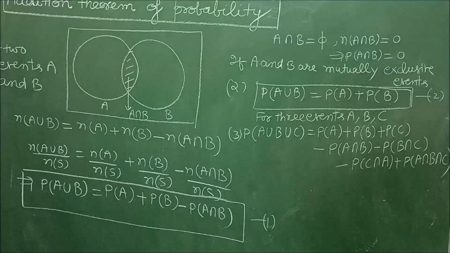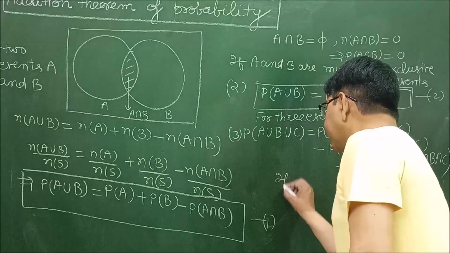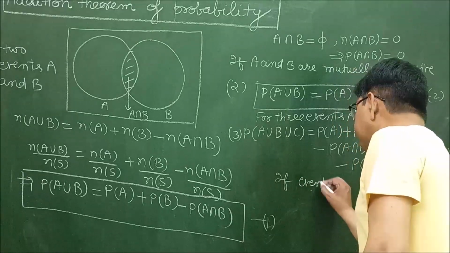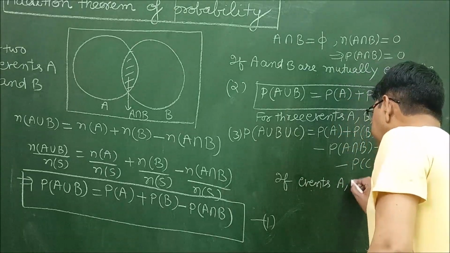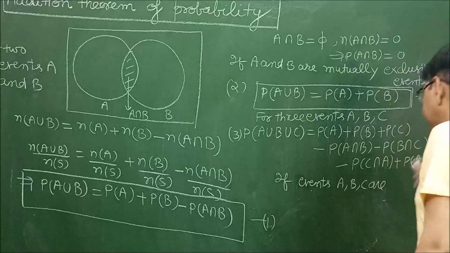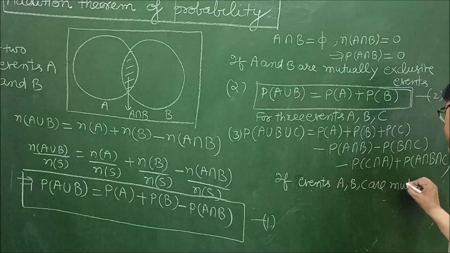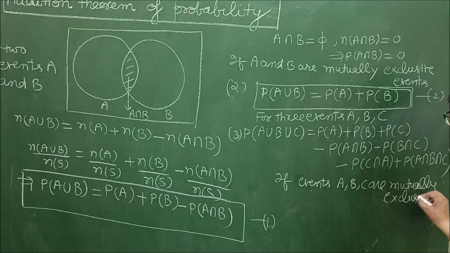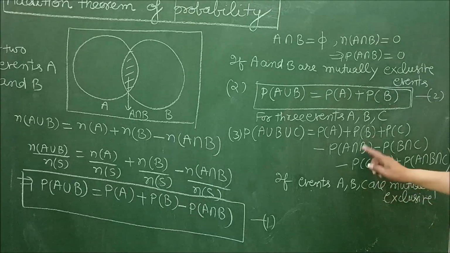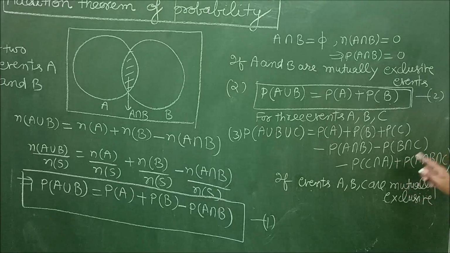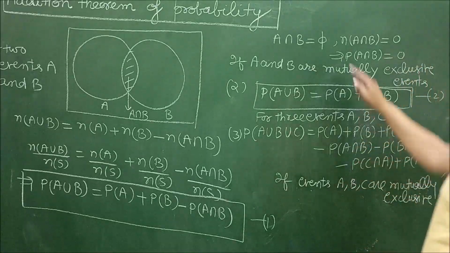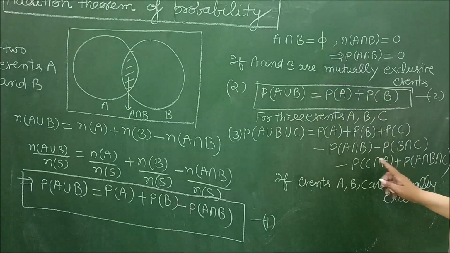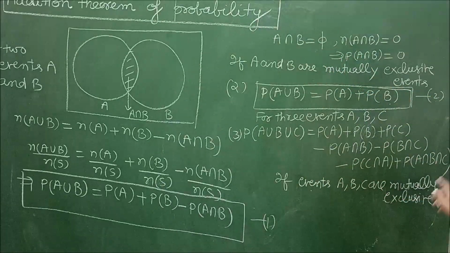Now if events A, B, C are mutually exclusive, that is no element is common in A and B, B and C and C and A, or A and B and C, then in the same way as we did here, the probability of each of these pairs will be equal to 0.